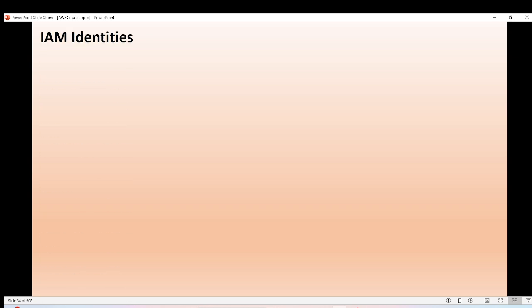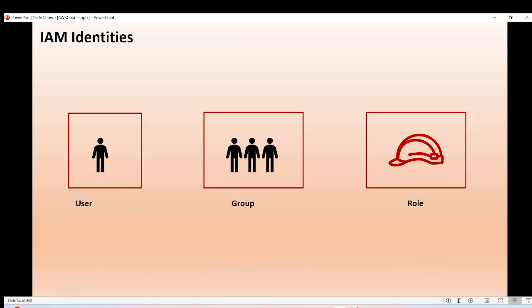Now let's talk about IAM identities. So guys, users, groups, roles, these all are identities. Here, two or more users form a group. And for now, you just remember a role is an identity and we'll study it a little later.